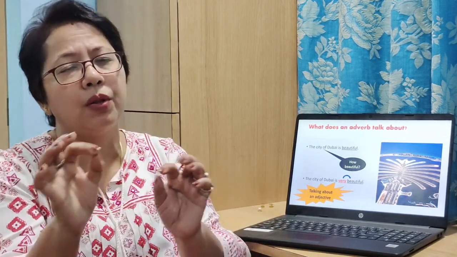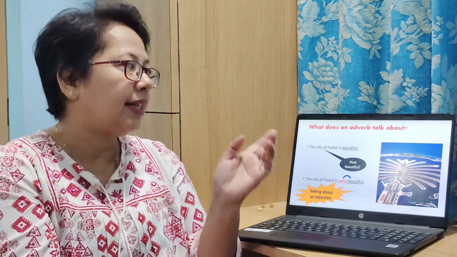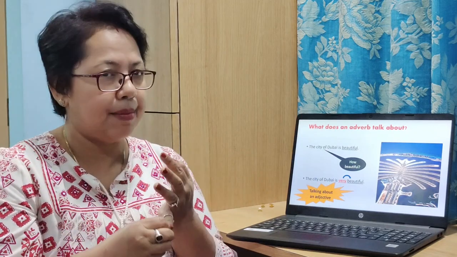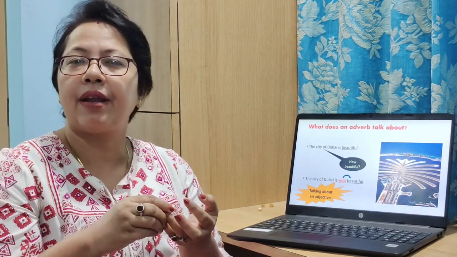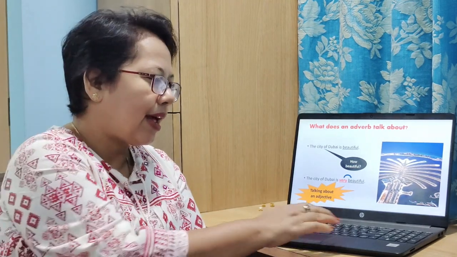Beautiful is an adjective, and the word very, as you know, is always an adverb. It is telling us more about the word beautiful. Hence, an adverb will talk firstly about a verb, secondly about another adverb, and thirdly about an adjective.